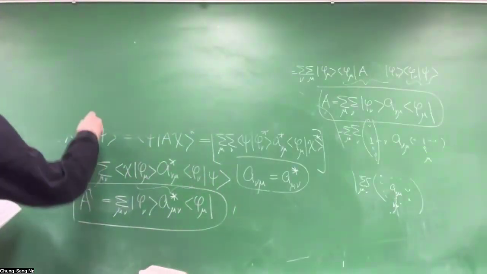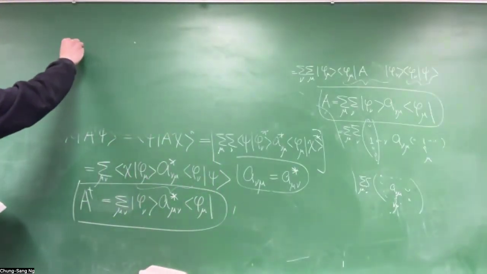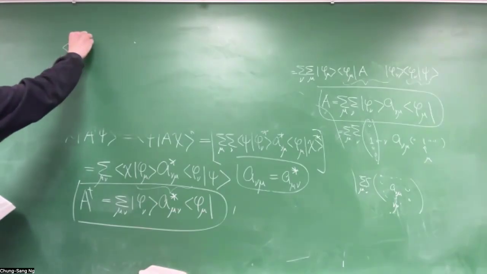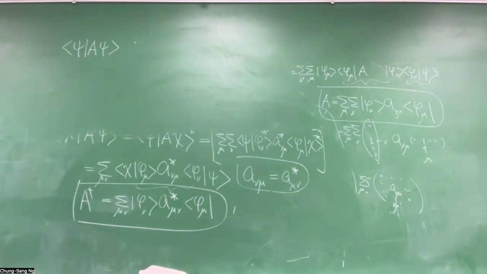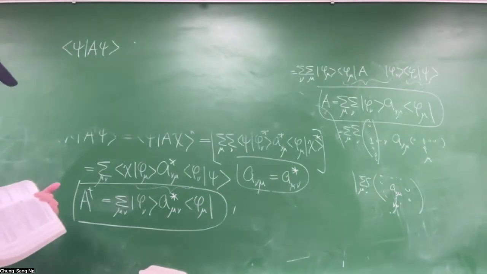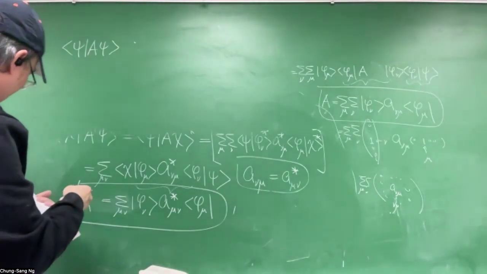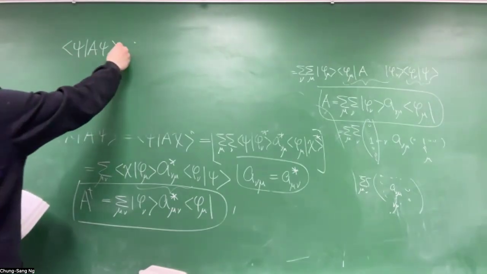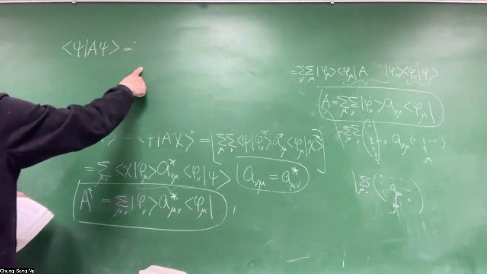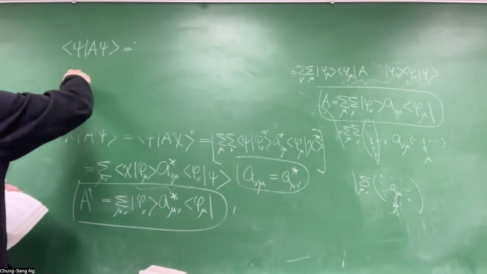The property is that you want to calculate the scalar product of psi and A of psi. And for a Hermitian operator A, you want to see what this looks like. Obviously, then we can do a basis expansion of both psi and A.